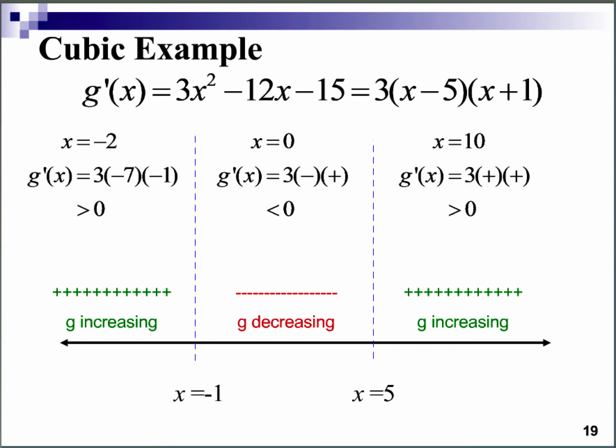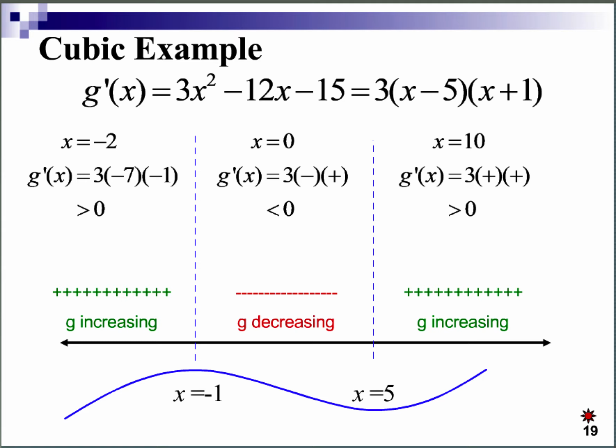At x equals 5, it's going down, and then it's going up. And so you have a relative minimum. So if you were to sketch this curve, it'd look a little bit like this. The function is increasing till -1, then it decreases until you get to x equals 5, and then increases from that point forward.